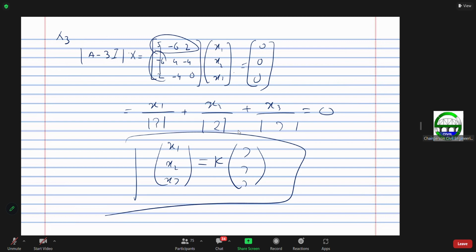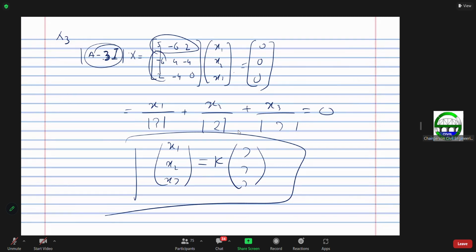Okay, is it clear to everyone? So make sure when you solve this one, the value of lambda will be different.